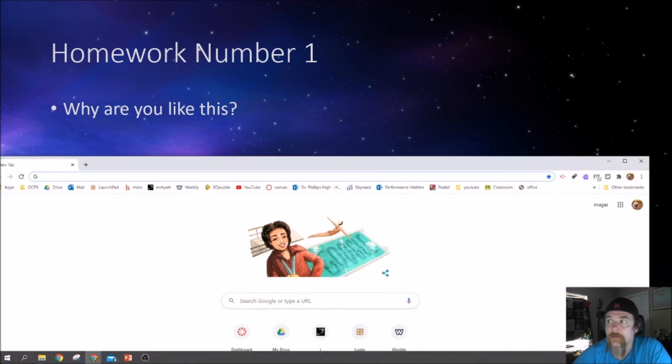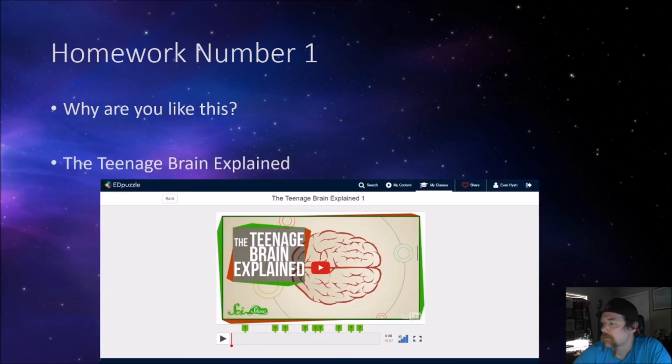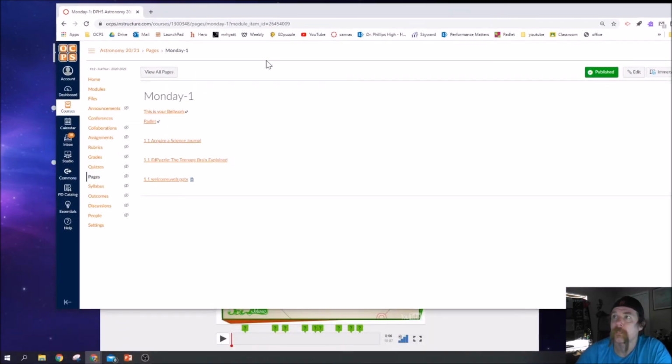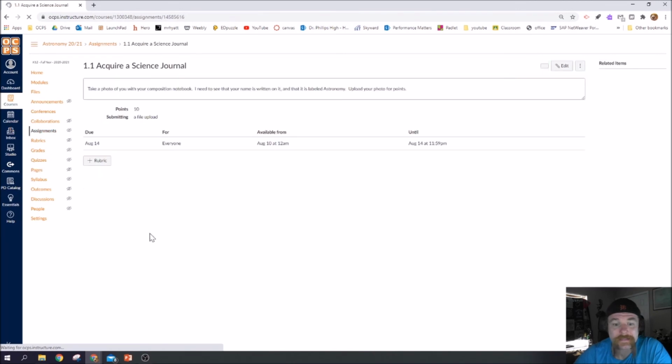And let's see if we go back to Canvas. It closed my browser, so bear with me. Here we go. So we have acquire a science journal.